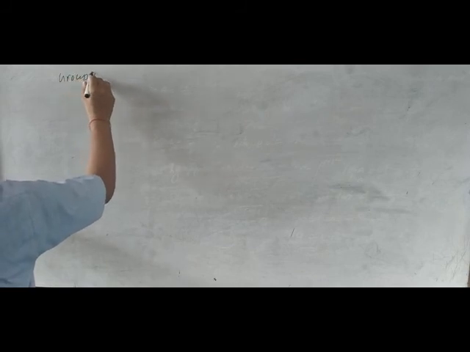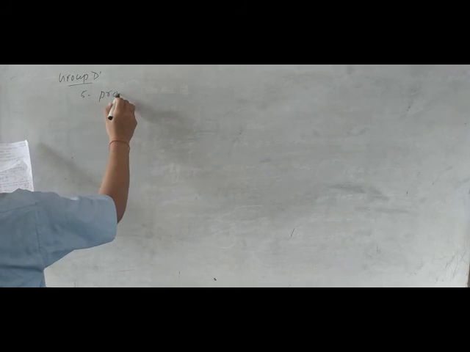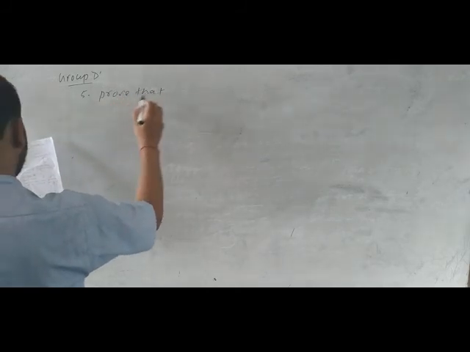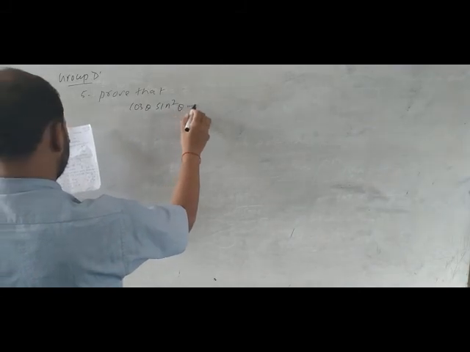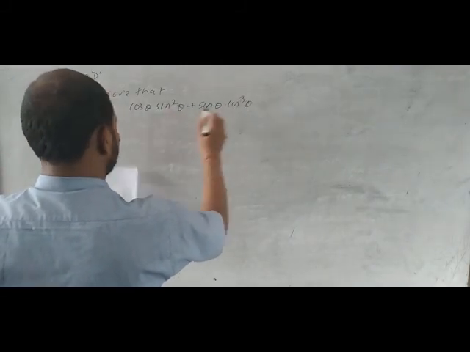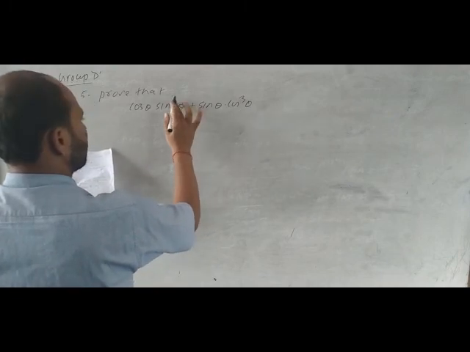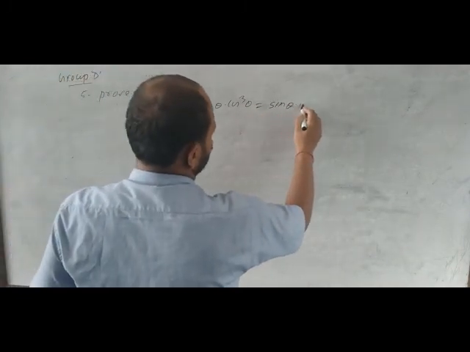Now look here. Now group D. Here in 5 number, your question is prove that cos theta into sin square theta plus sin theta into cos square theta is equal to sin theta into cos theta.